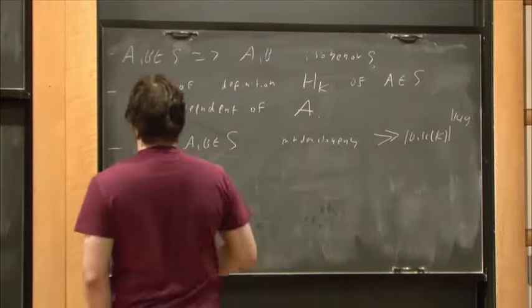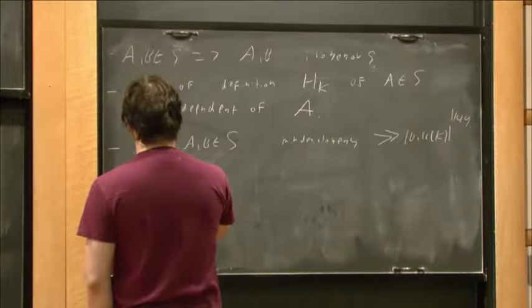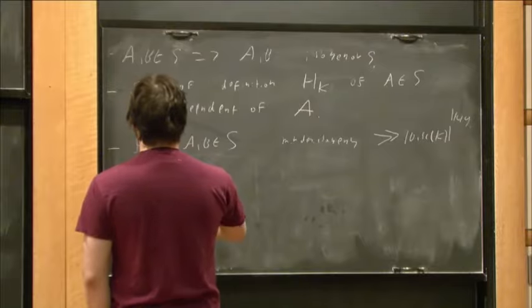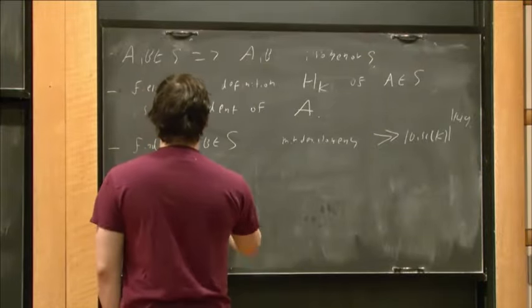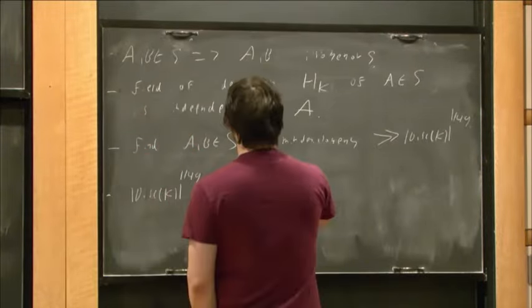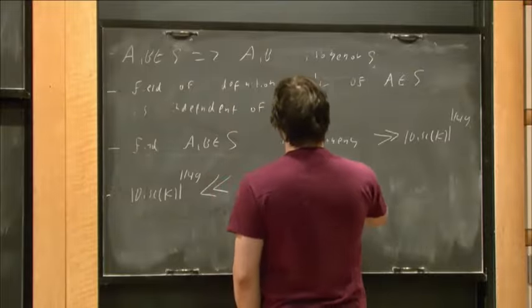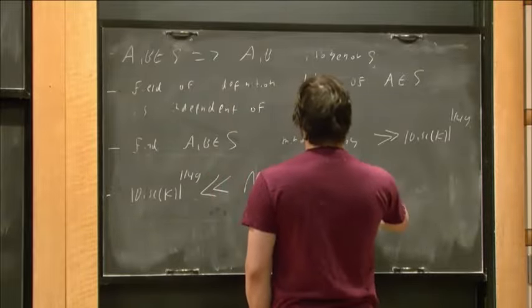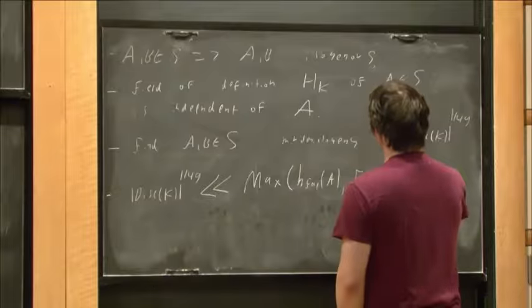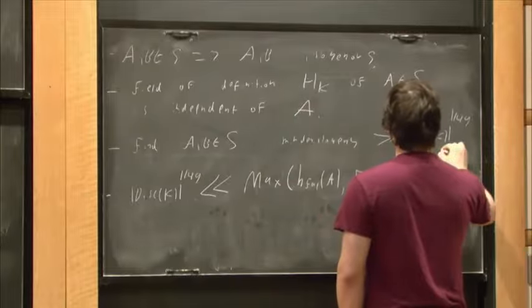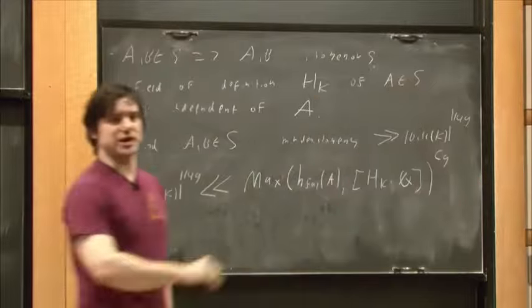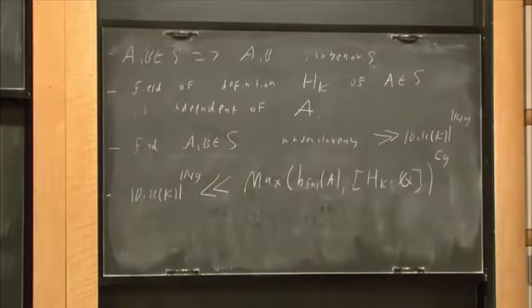So then if we apply Masser-Wüstholz, we get that this number, which is at least the size of the minimal degree isogeny, is bounded from above by the max of the Faltings height of A and the degree of H sub k to the power of this magical constant C sub g.